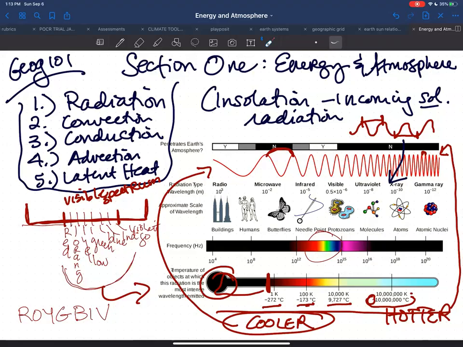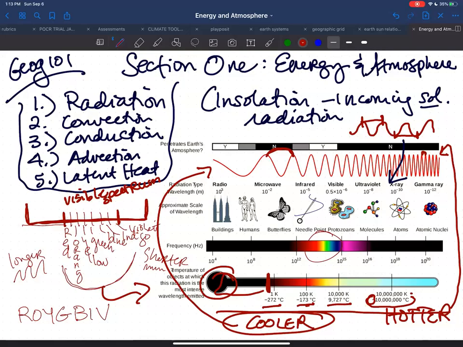So red, longer or shorter than violet? It's longer, yeah. So you should know that on this side, longer wavelengths, and on this side, shorter.